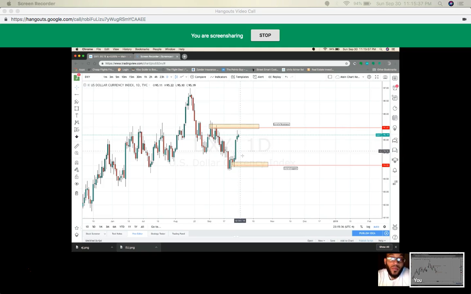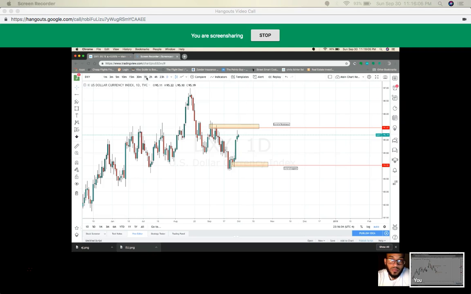Price basically moves from one higher time frame zone to another. That's all it does. You can see it all over here, one higher time frame zone to another, if I drew the zones out. Higher time frame is your H4 or your daily.